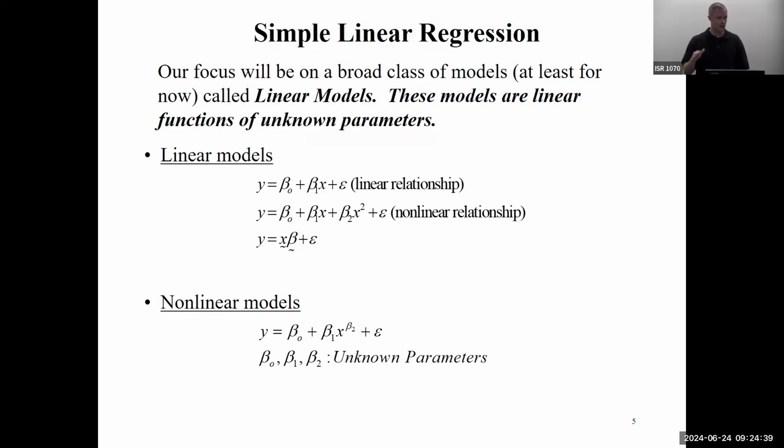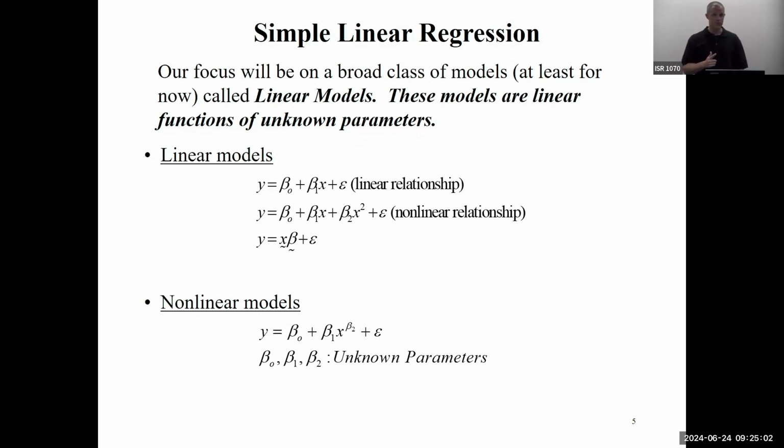It's still a linear model. It just happens to be a linear model that defines a nonlinear relationship between x and y. Why? Because we're including x squared as a predictor. So that defines a parabolic relationship or a curvilinear relationship between x and y, okay? But it's still a linear model. That's what's important to keep clear here, okay?